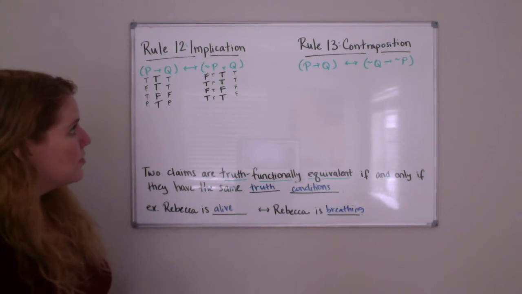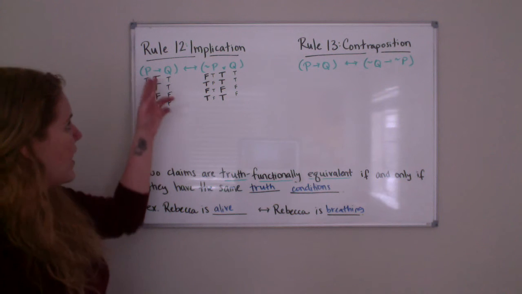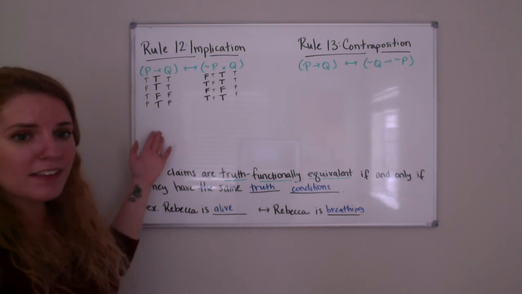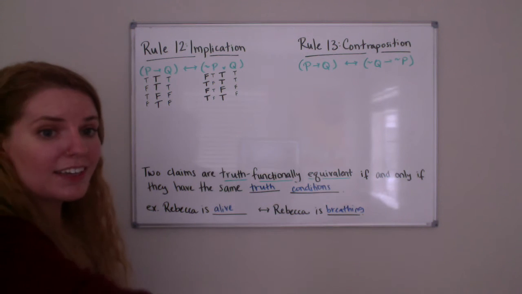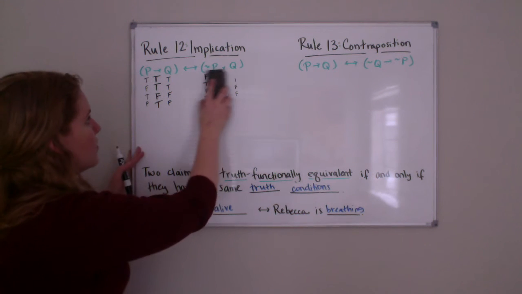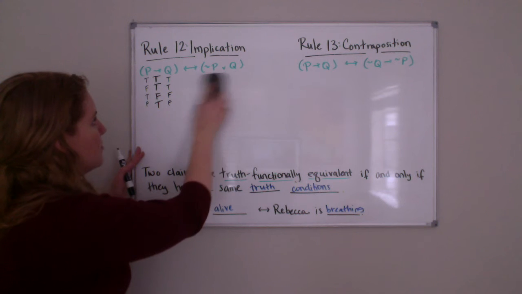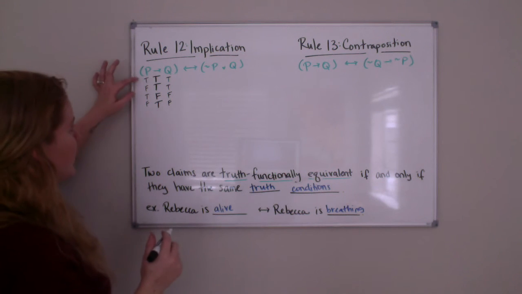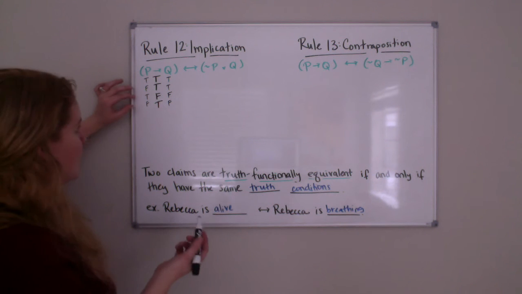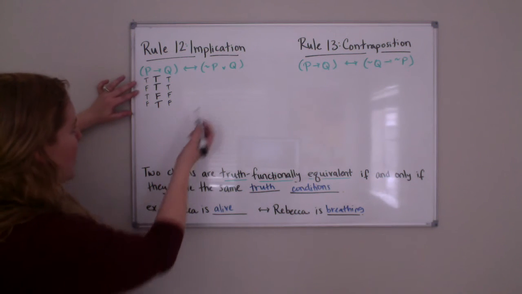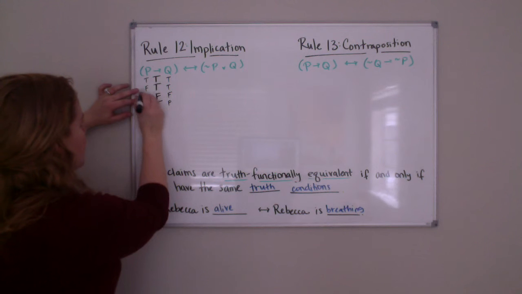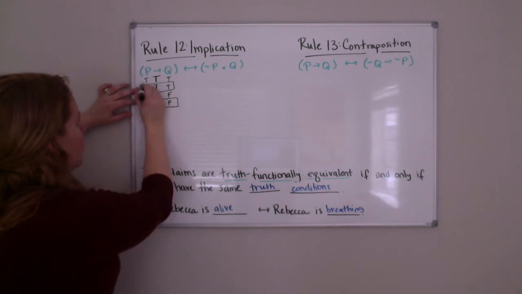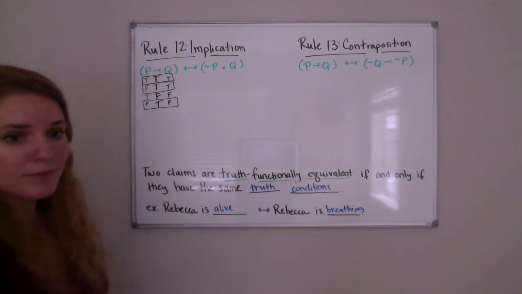We can also see why these are truth functionally equivalent, even just by looking at the truth table for the conditional alone. So even if we didn't have this truth table, we can see that this claim is only true in the situation in which either P is false or Q is true.